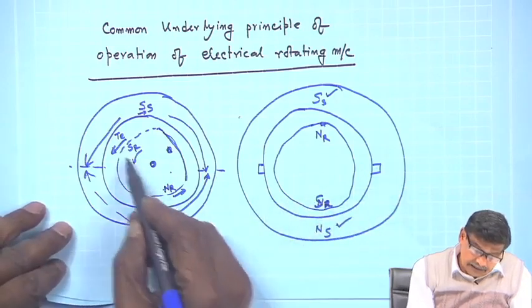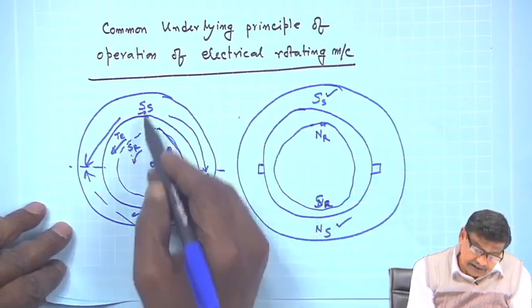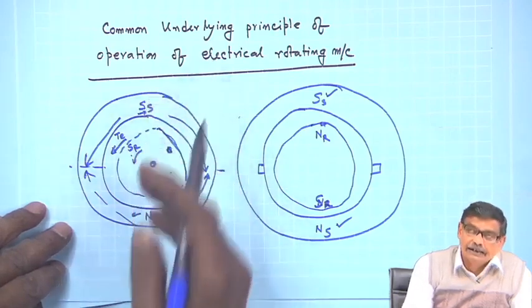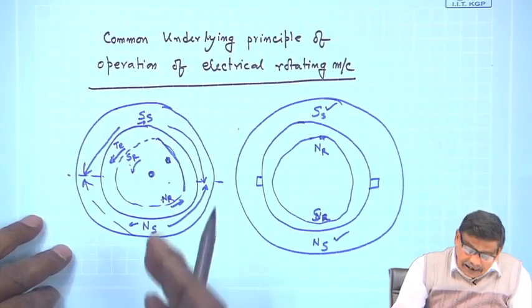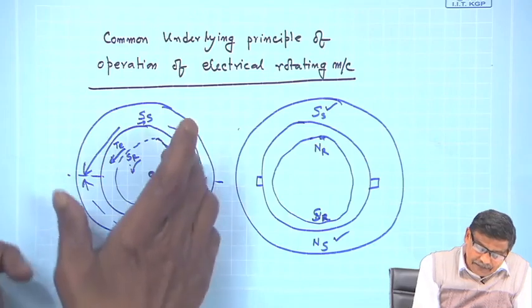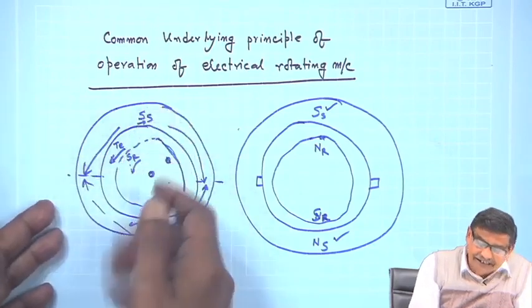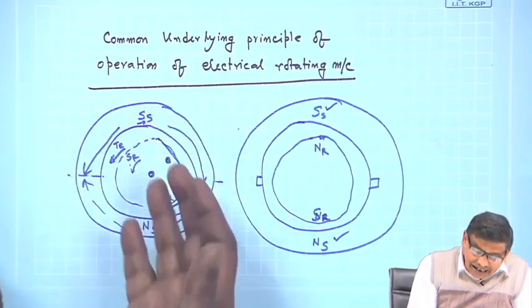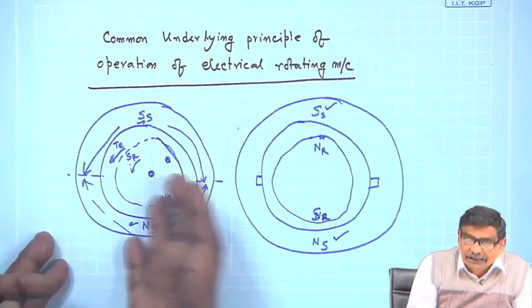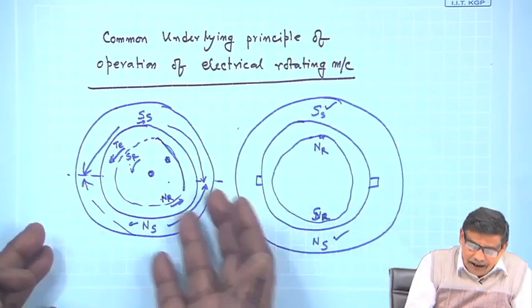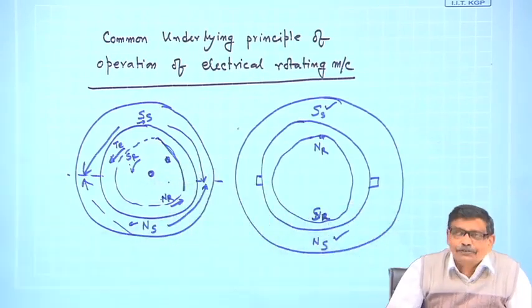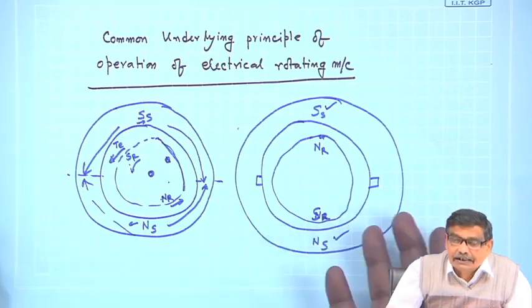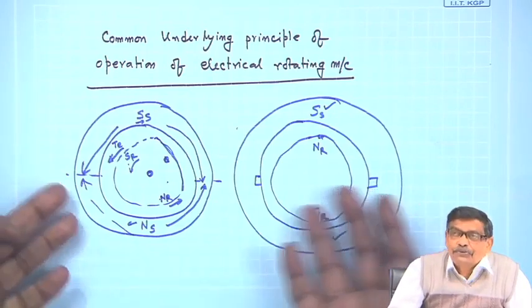Then the fields SS NS cannot be moved, and after some time things go wrong. Sustained electromagnetic torque is never produced here.